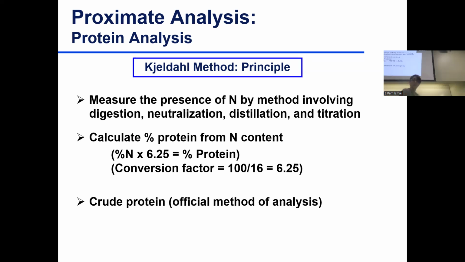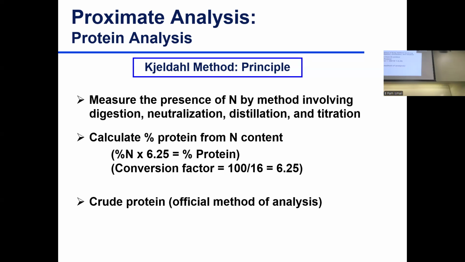So I don't know if I mention it later or here. Maybe I should mention it here also. Those of you that did the lab, we talked about conversion factors being different for different proteins. So the conversion factor for cheese is 6.38, for example. I don't expect you to memorize this. I will tell you in an exam.